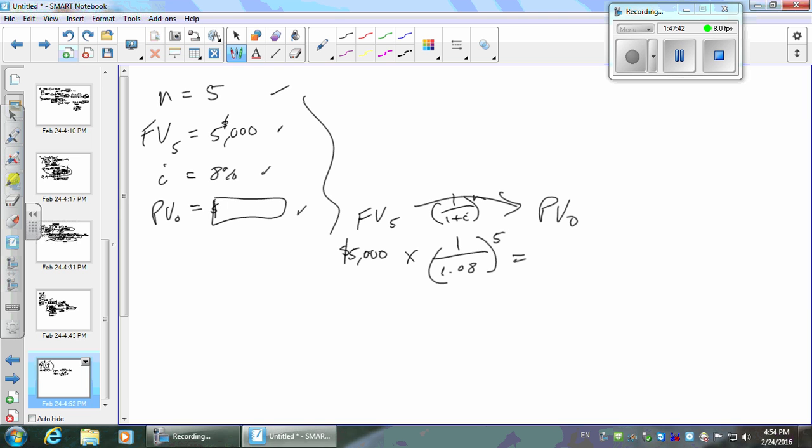Or you can just look up the present value of a sum factor, for 5 periods, 8%. So which table's that? Present value of a sum. That's table A2, is it? And what was the interest rate? 8%. I guess it's on the first page.